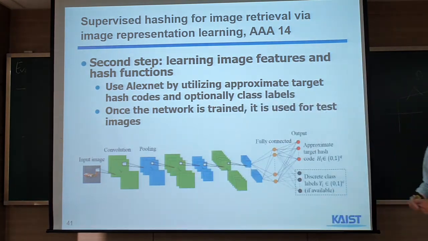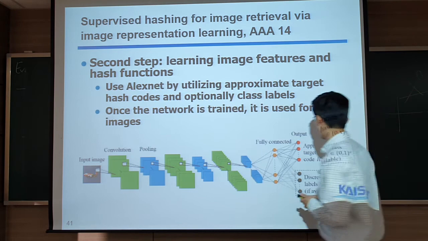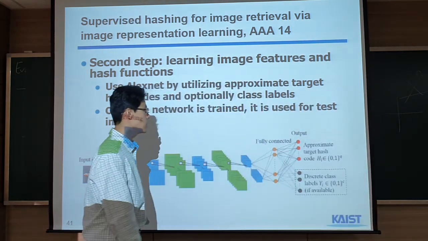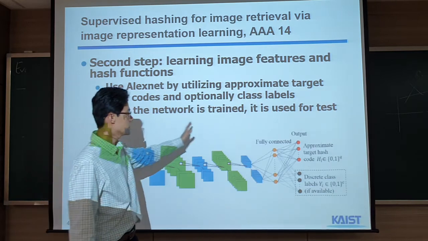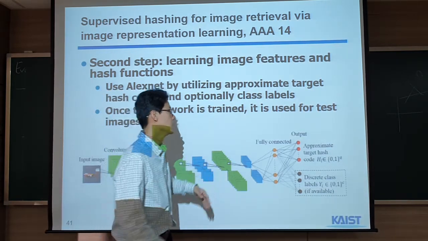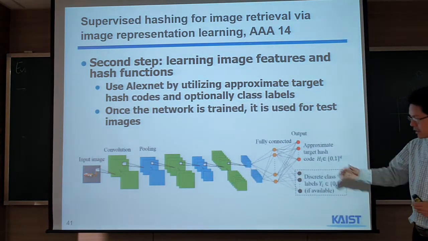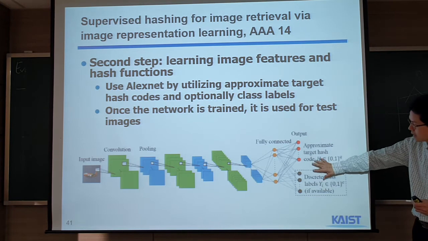That's the main difference in how they utilize AlexNet, modifying AlexNet to compute their binary code. Optionally, this image also comes with a label, right? They also wanted to compute the feature in a way that they can also predict these exact labels. This is another task.